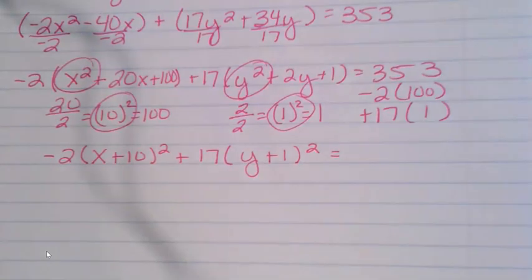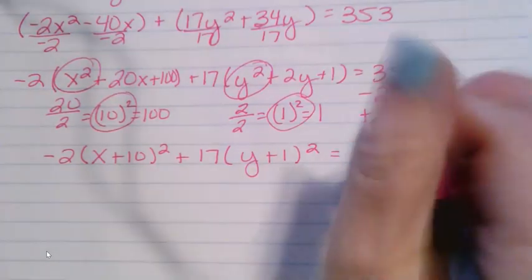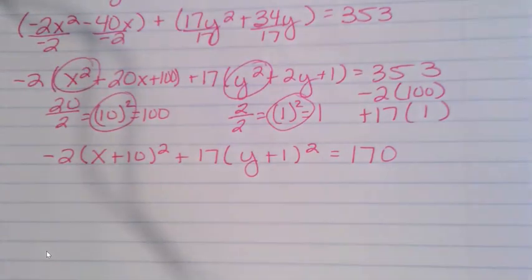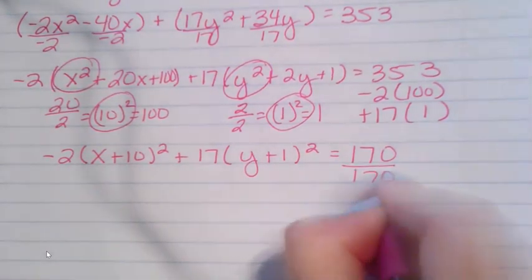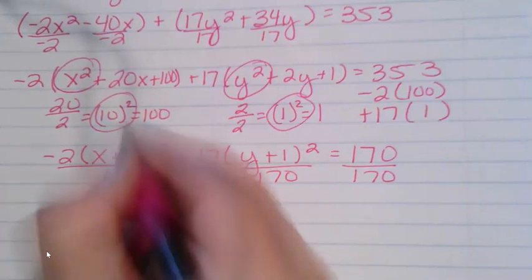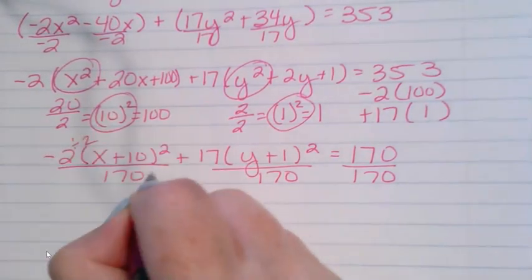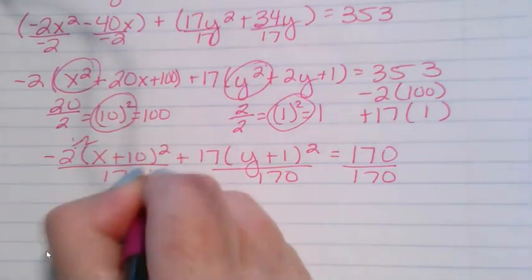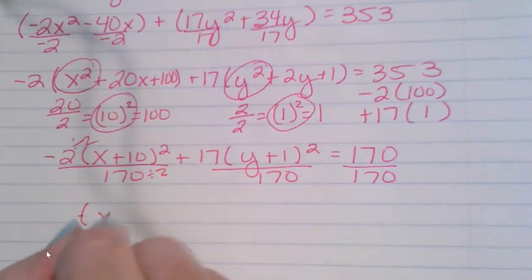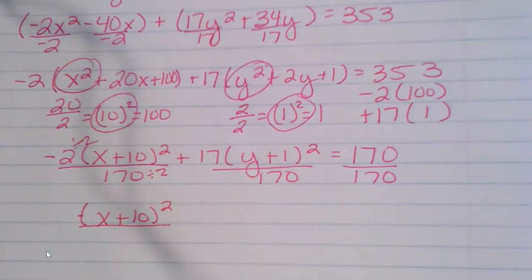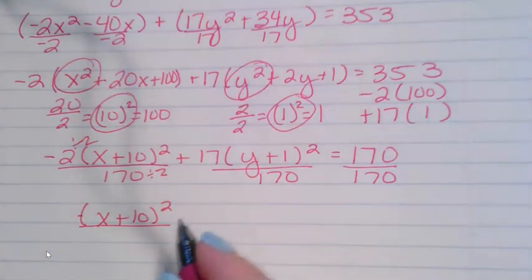okay, 353 minus 200 plus 17. And I get 170. And then last but not least, take and divide by 170. Divide by 2. And you can do negative 2. I've had several people ask me about that. So we get x plus 10 squared over 2, that's what, 85.